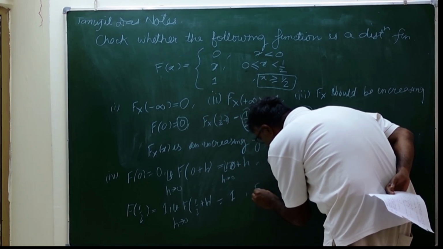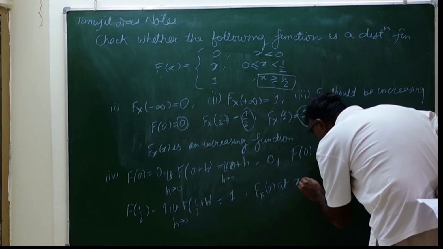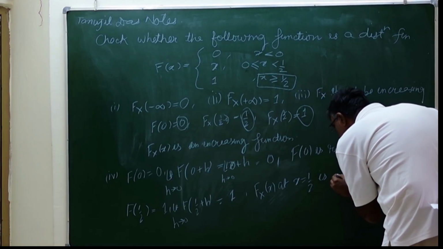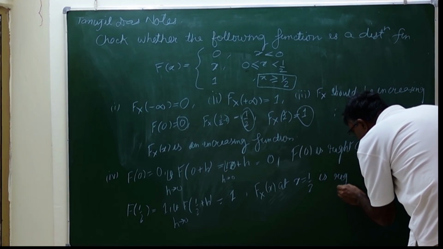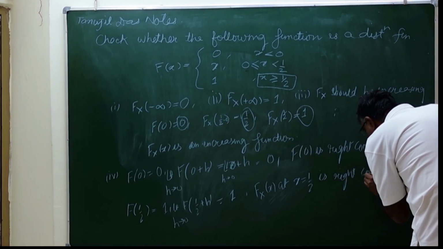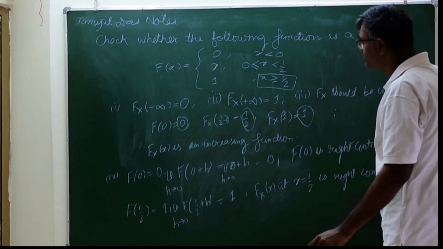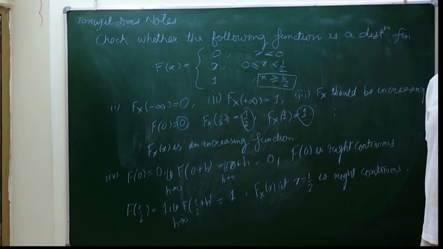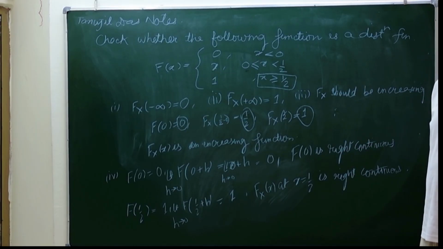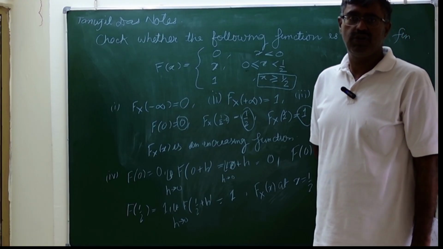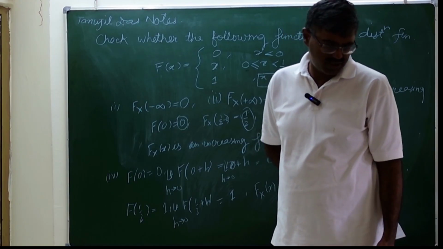So we see that F of x at x equal to 1 by 2 is right continuous. So this way we have established that the given function is right continuous and satisfies all the properties of a distribution function. So we conclude that F of x is a distribution function.